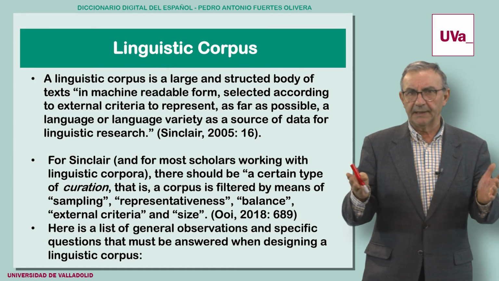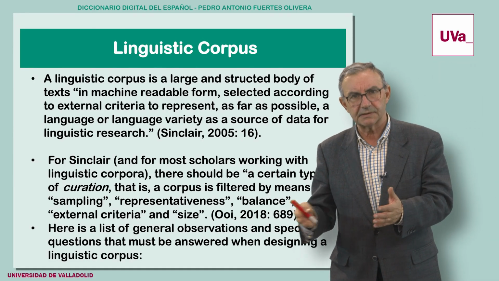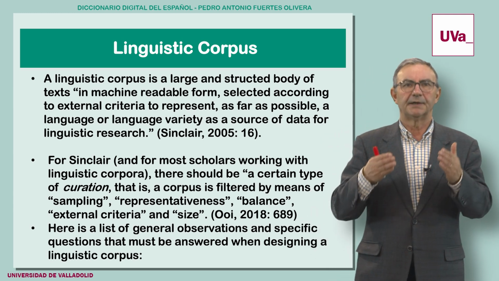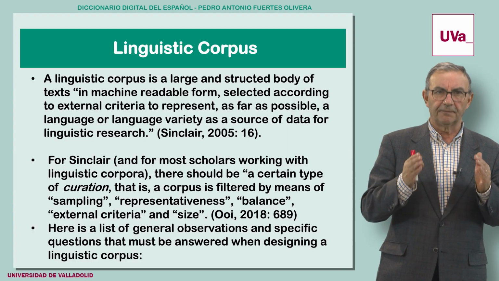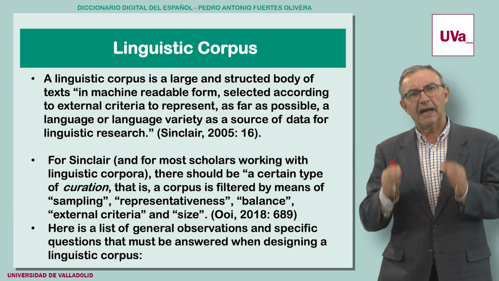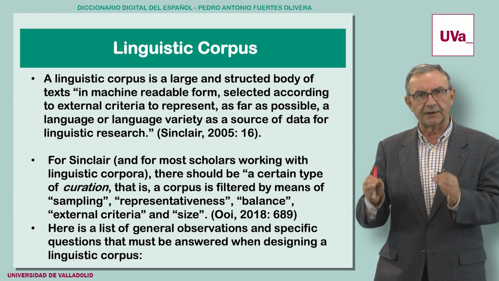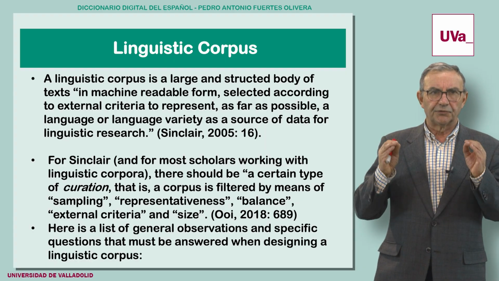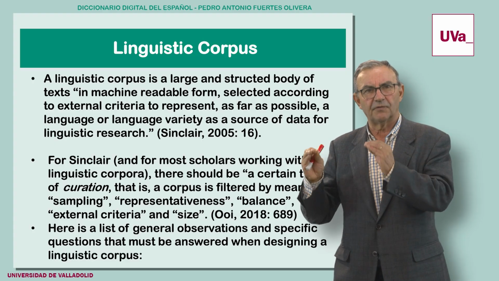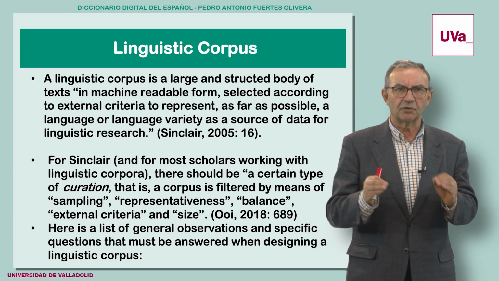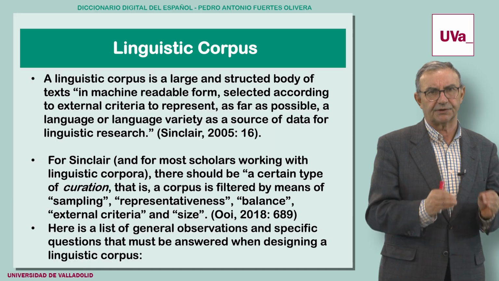Just for remembering, a linguistic corpus is a large and structured body of text in machine-readable form, selected according to external criteria to represent as far as possible a language or language variety as a source of data for linguistic research.